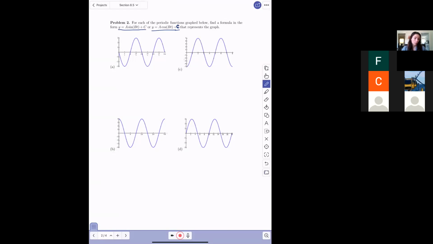All right, so we talked about A being the amplitude. In last class, we said you could determine the amplitude by going from the midline to the peak. B relates to the period, which is equal to 2 pi over B. If I solve this for B, then B is equal to 2 pi over the period.